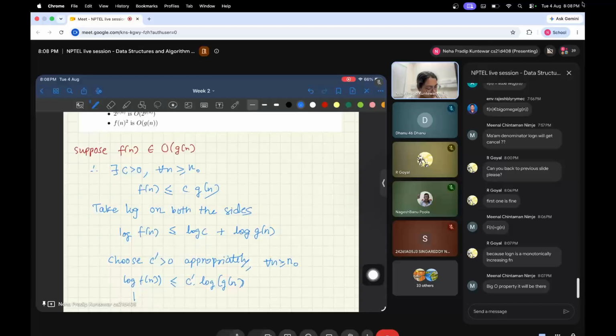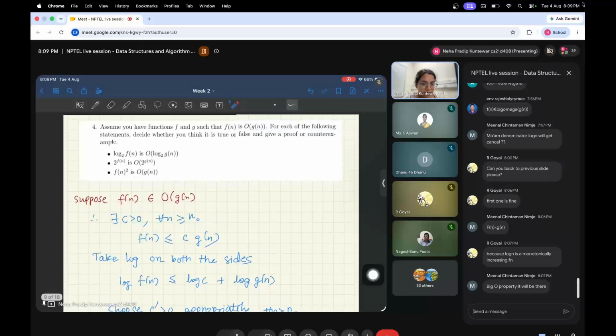That means log f(n) is order log g(n). So as both of you observed correctly, is this fine with everyone? The first property is true: if f is order g, then log of f is also order log g.